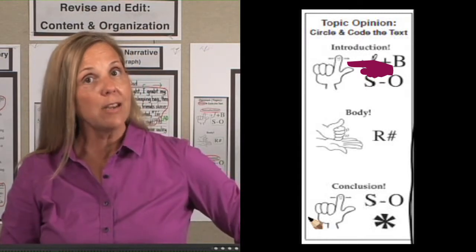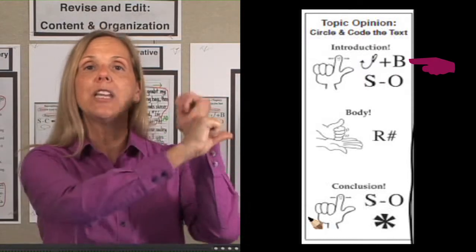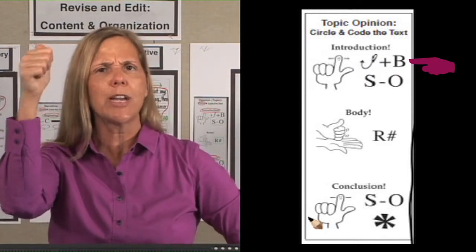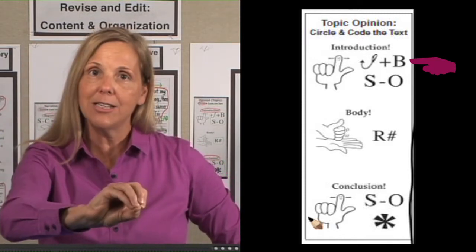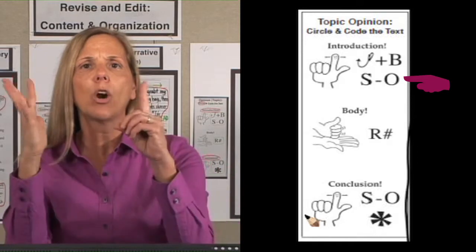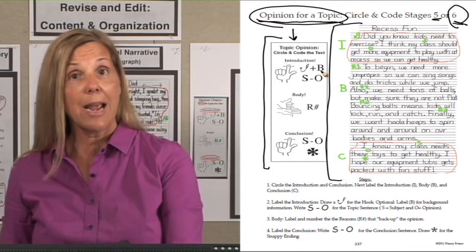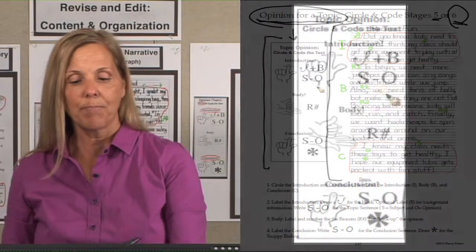And to be polite for an opinion about a topic, what do we need? We need to hook in the reader and provide background to our reader, background information that has led us to this opinion. Then tell your opinion. Our introduction needs to have a hook and background, and then an opinion, subject opinion for that statement.